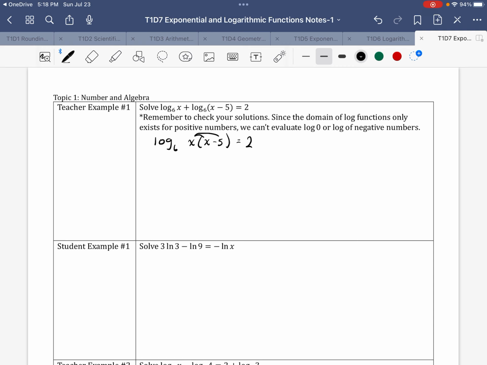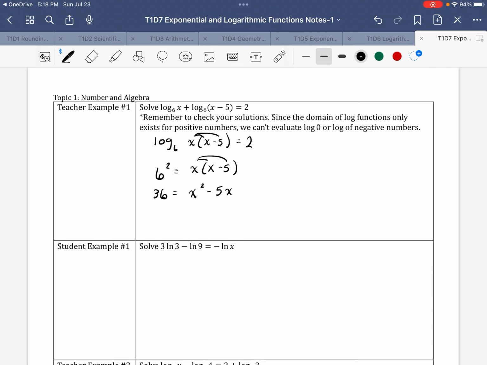Either of those steps is fine. I'm going to distribute first, and then convert it, but you could do it the other way around. So here I'm going to take 6 squared equals x times (x minus 5). 6 squared is 36. And then I'm going to distribute: x squared minus 5x.